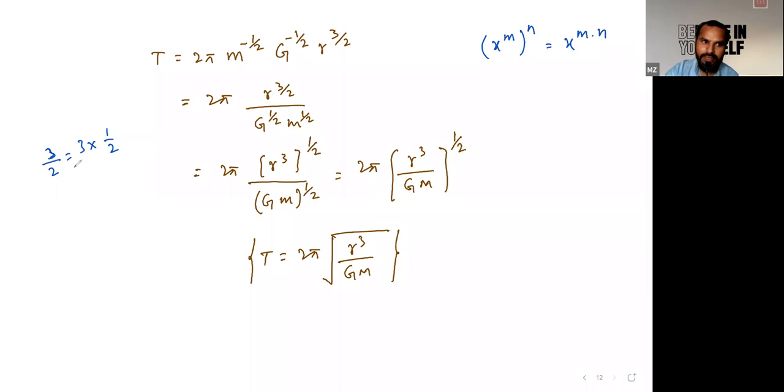Muhammad Umar, can we write this particular part like this? Okay, sir. Yes. So I have just broken this particular exponent into two parts and put it after the bracket. Riba, is it clear now? Yes, sir.